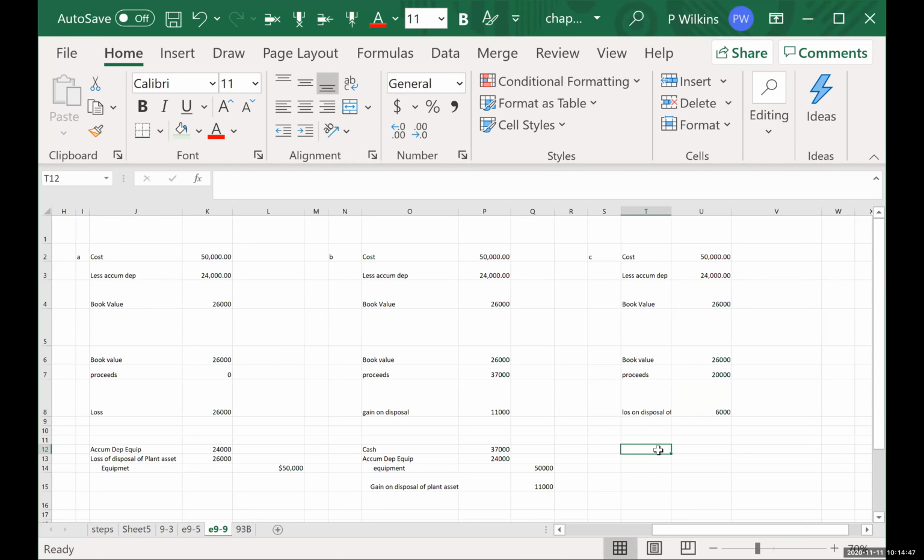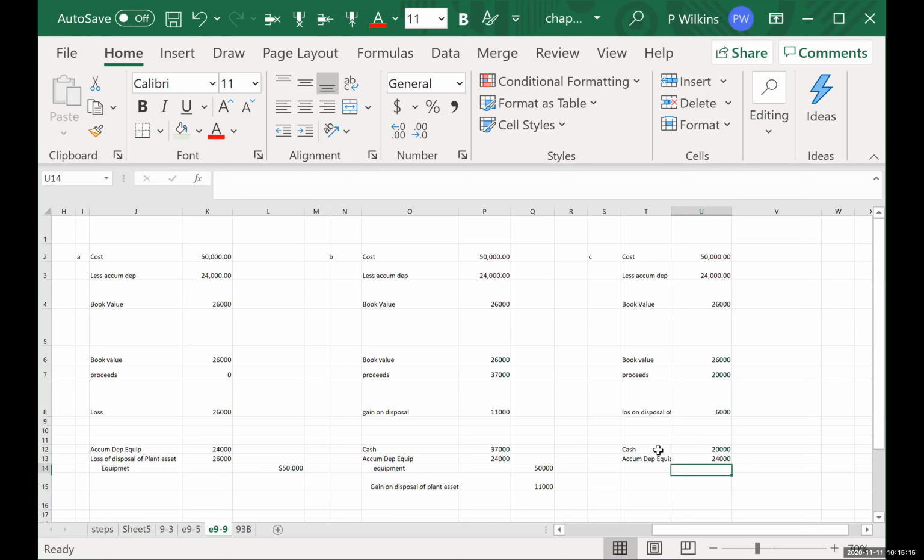All right, so when we have a loss on disposal of plant assets, we are going to debit cash for the amount of cash that we got. In this case, we got $20,000. We are then going to debit accumulated depreciation equipment for the amount of the accumulated depreciation, which is $24,000, to clear that account out.